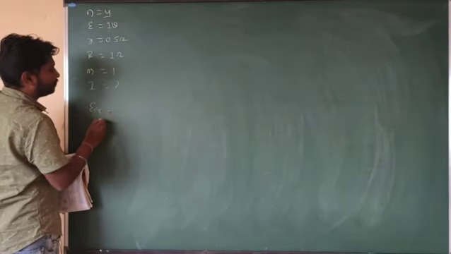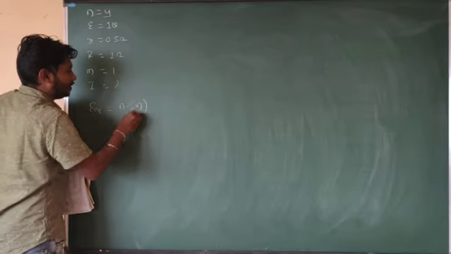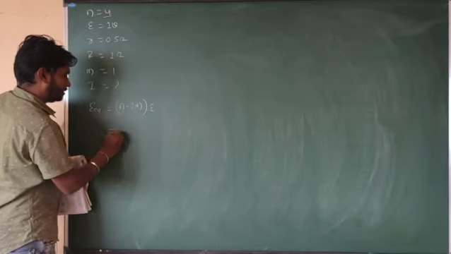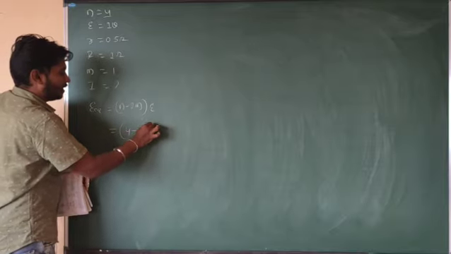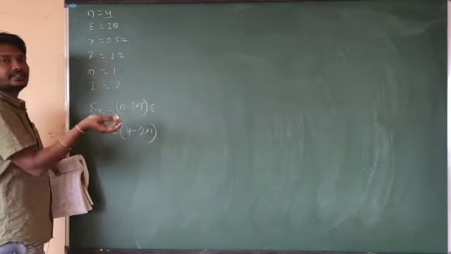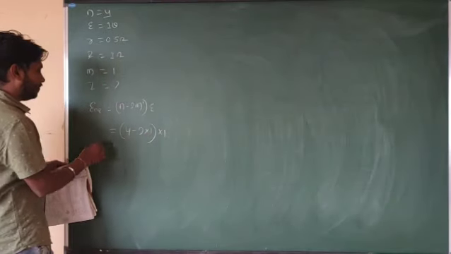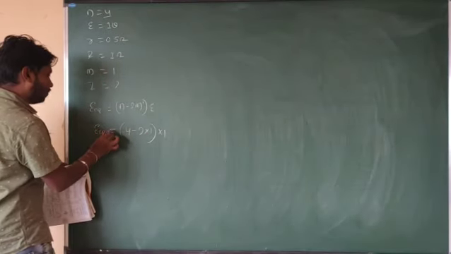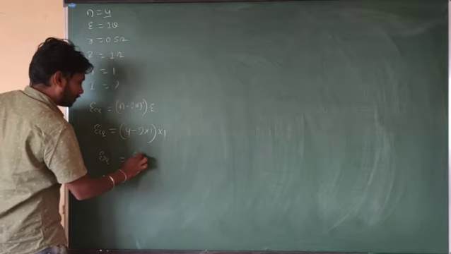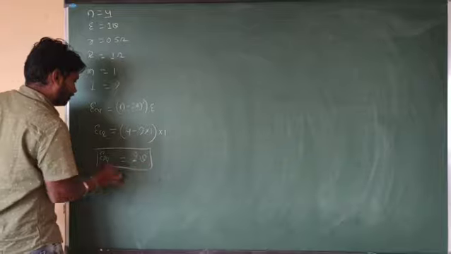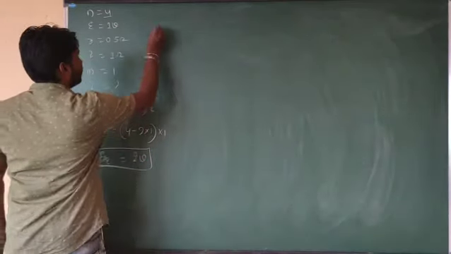Equivalent EMF in case of wrongly connected cells is (N minus 2M) into E. Did you remember this formula? Number of cells is 4, 2 into 1 cell is wrongly connected. M indicates the number of cells connected in a wrong way. Each cell having EMF 1 volt. So the equivalent EMF is 2 volt. What is the equivalent EMF if one cell is wrongly connected? That is 2 volt here.